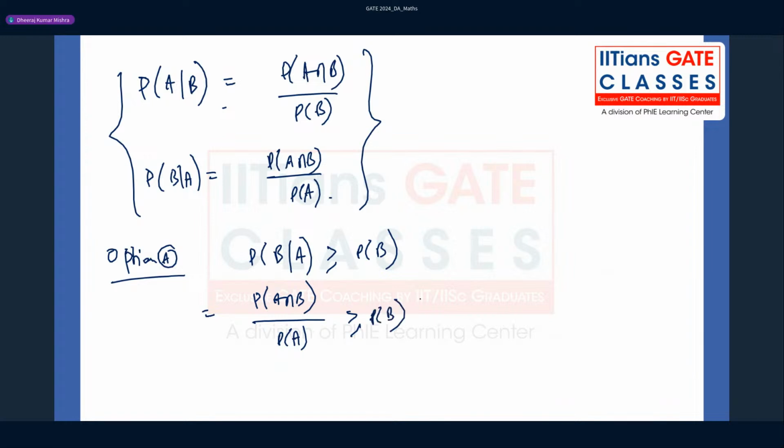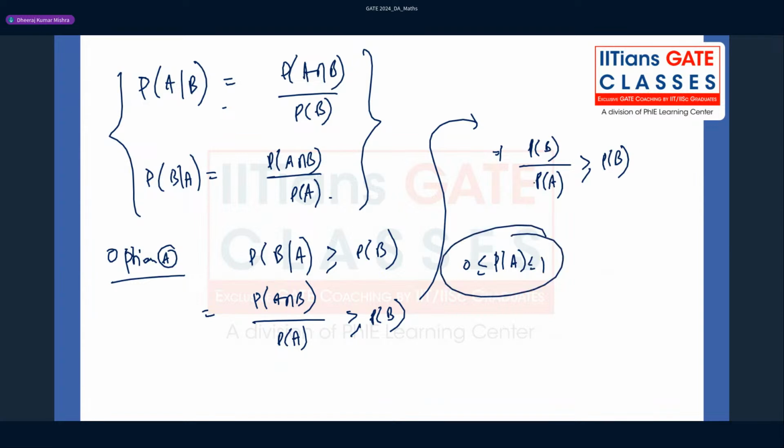Now you can write this as probability of B upon the probability of A is greater than the probability of B. And you know that the probability of any event must lie between 0 and 1. That is the basic truth that we have seen during our classes in terms of axioms of probability, right? Any event you take, probability of A should always lie between 0 and 1. Understood? So if this denominator is lying between 0 and 1, the overall fraction is going to be increasing. Understand? This is very important to keep in mind. So this will be greater.